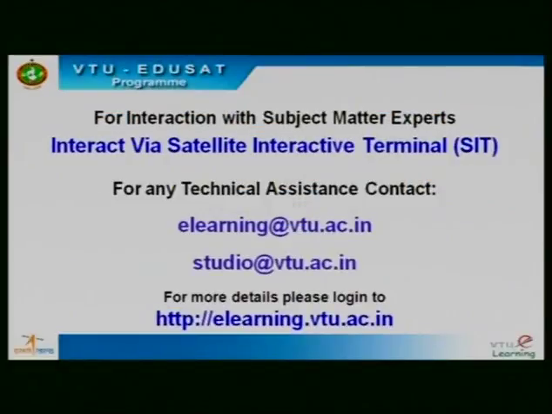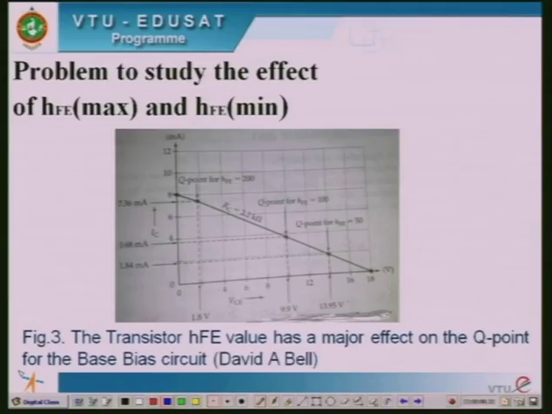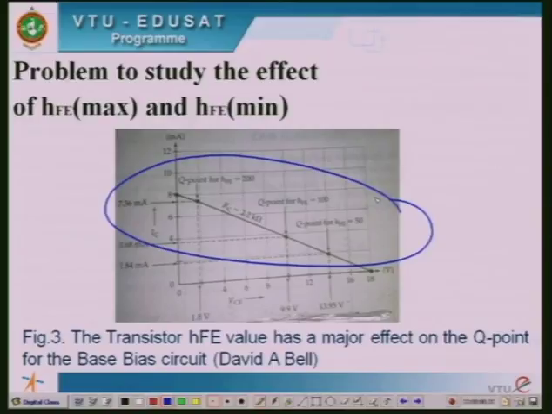What we did today, we studied the fixed bias in detail, and we have already studied the effect of changing the HFE or the current gain from minimum value to maximum value. We have taken three different values. In figure 3, we have shown three different operating points, and the operating point is uncertain in fixed bias.